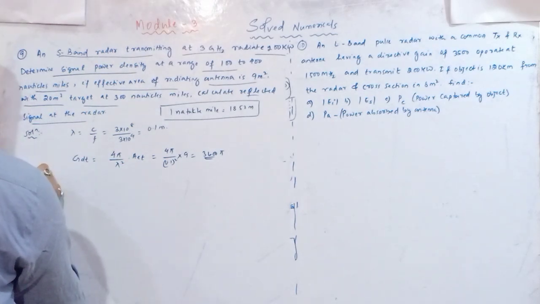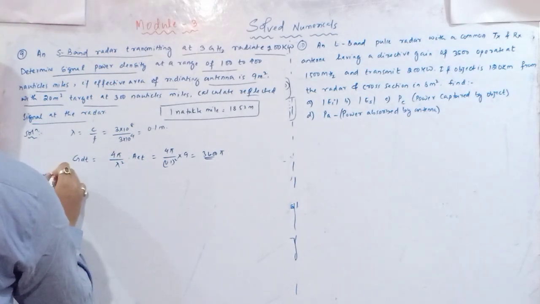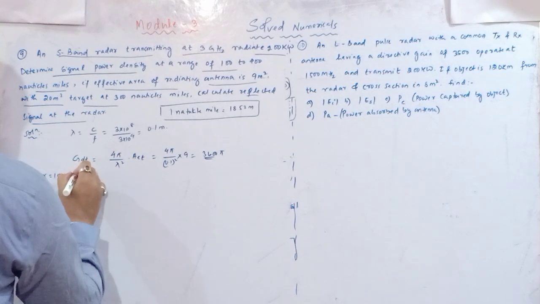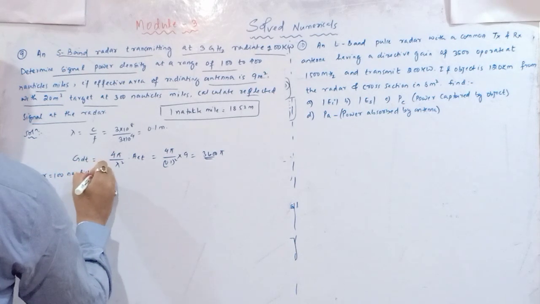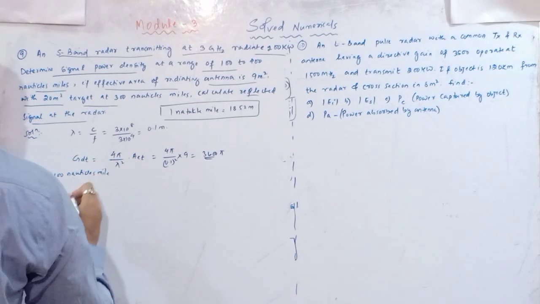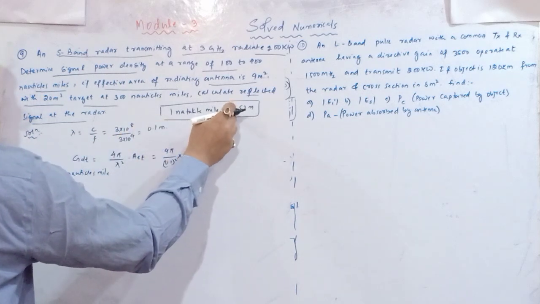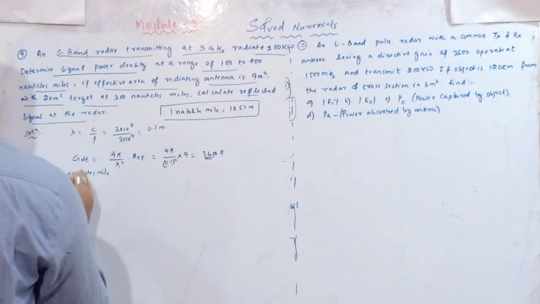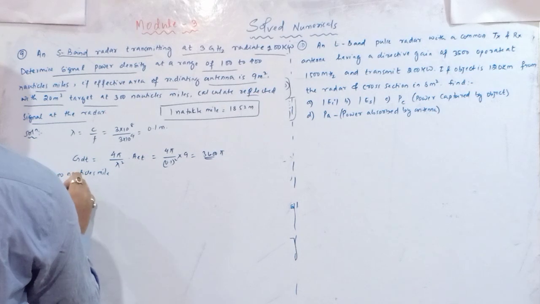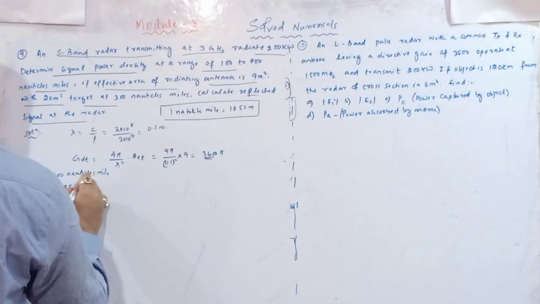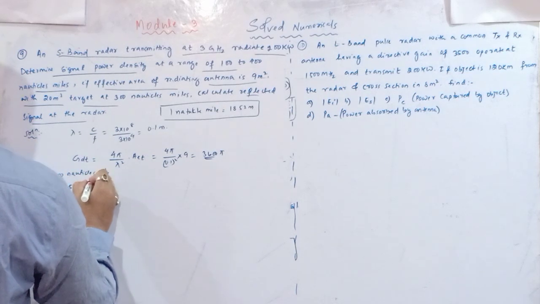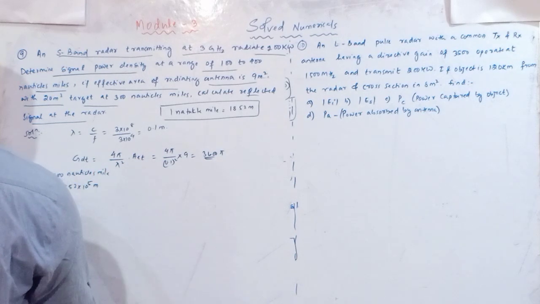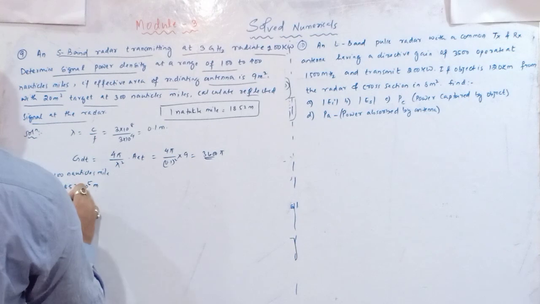So first I will identify for R equal to 100 nautical miles. 100 nautical miles means 100 into 1852 meter. So your R will become 1.852 into 10 to the power 5 meter. So at this distance I am going to identify the density.